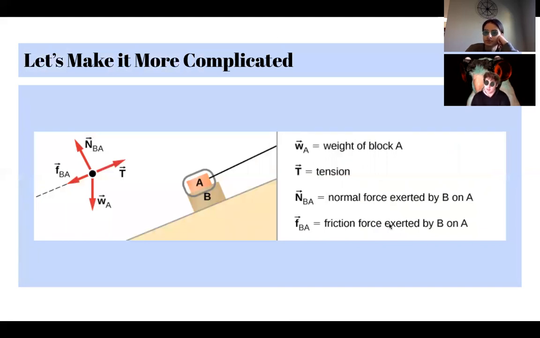Okay, so let's go to a very complicated example. It's quite a leap. For this one, we have two blocks and what looks like a rope or a wire holding on to block A, and then block B is below block A. You have the normal force from B pushing up on block A, and then you have the friction force as B is sliding down this slope and A is being pulled back.